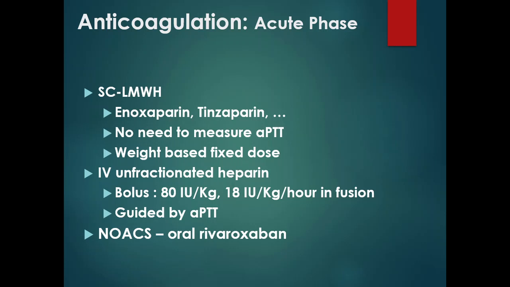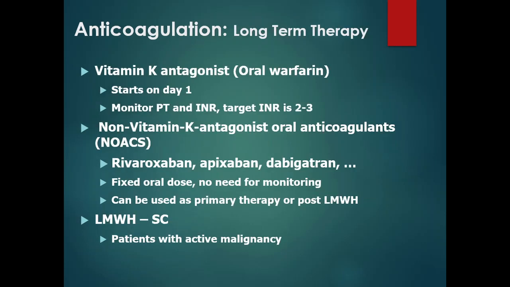Some of them have approval for the acute treatment of DVT and pulmonary embolism, like rivaroxaban. In the acute phase, most of the patients will receive subcutaneous low molecular weight heparin, and some patients will receive rivaroxaban or a similar NOAC. But the vast majority will receive low molecular weight heparin.